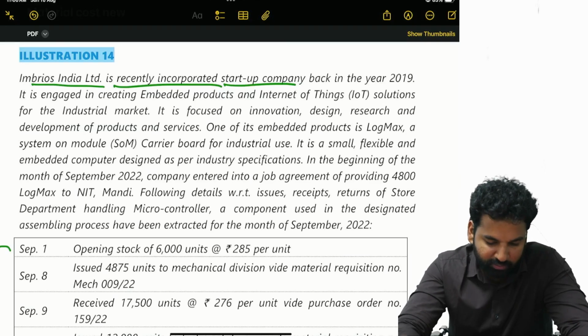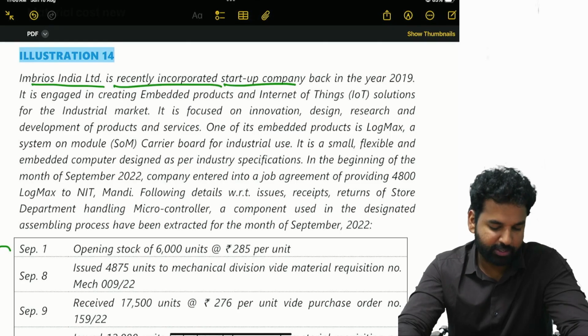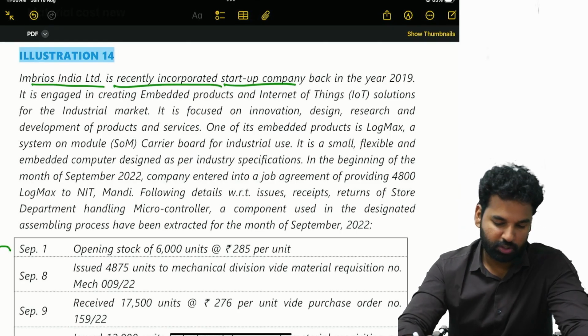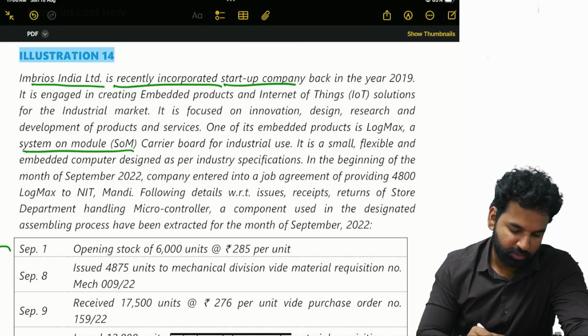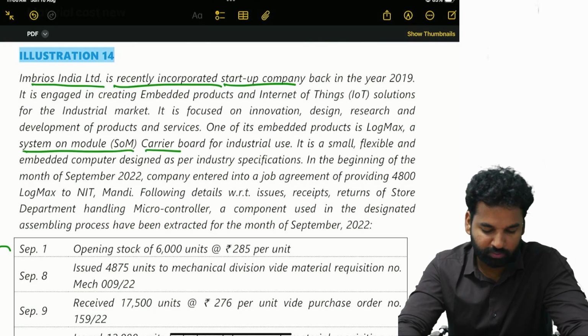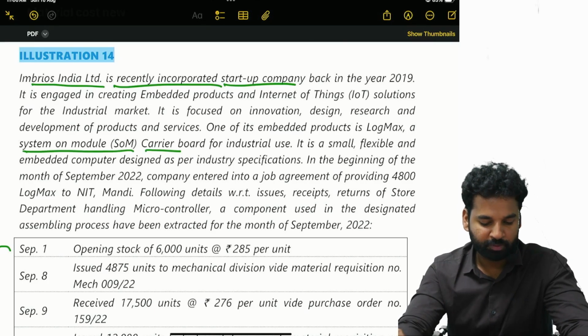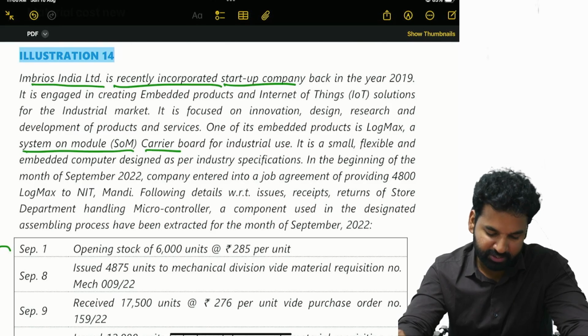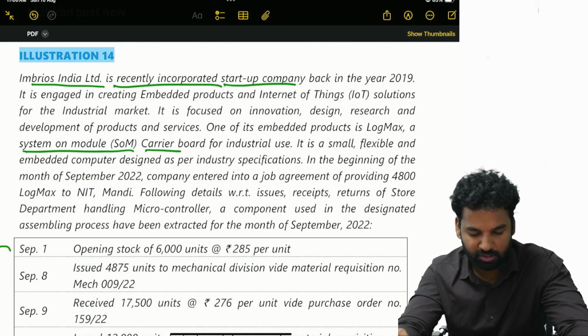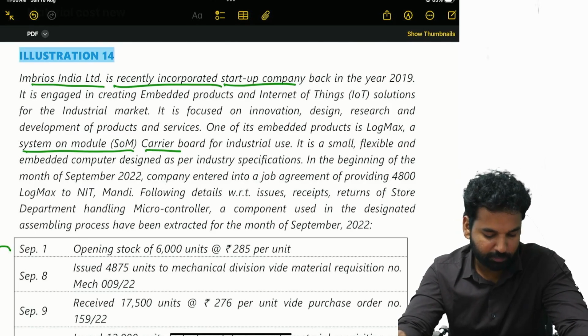One of its embedded products is Logmax, a system on module carrier board for industrial use. It is a small, flexible, embedded computer designed as per industry specifications.